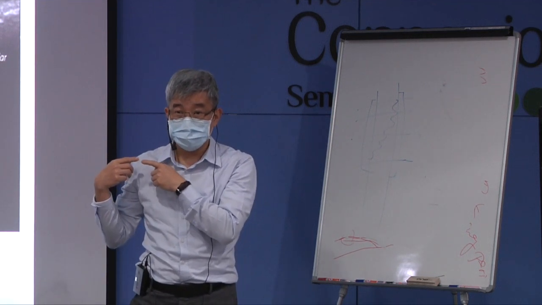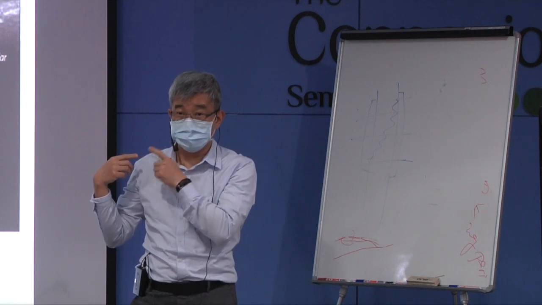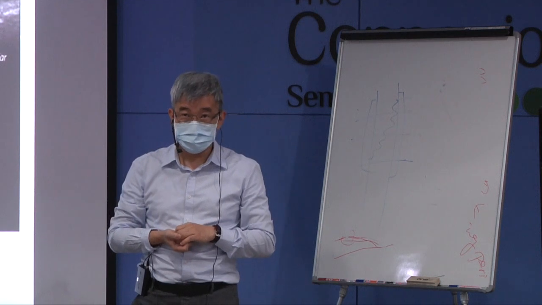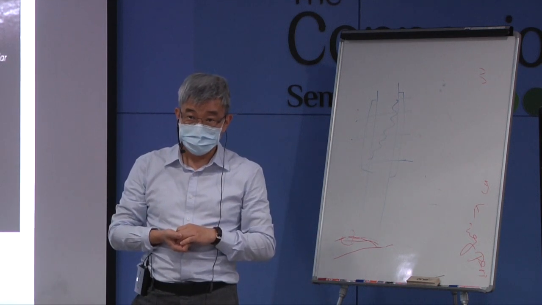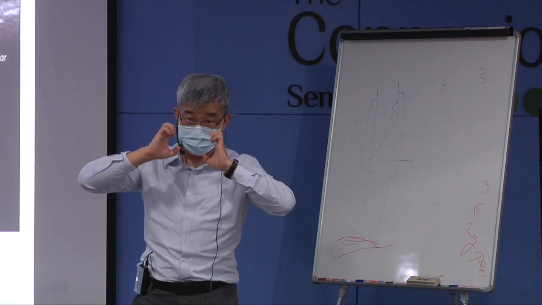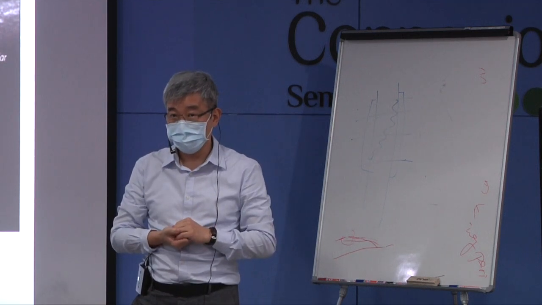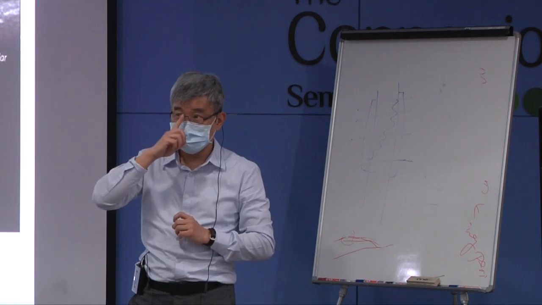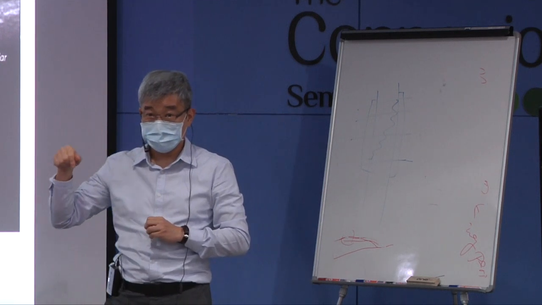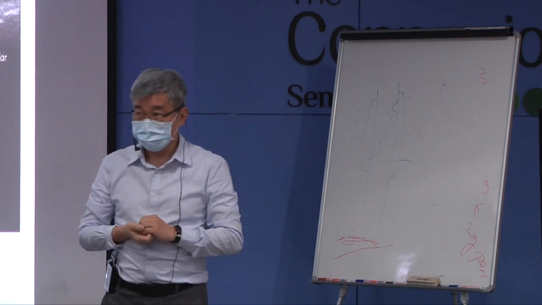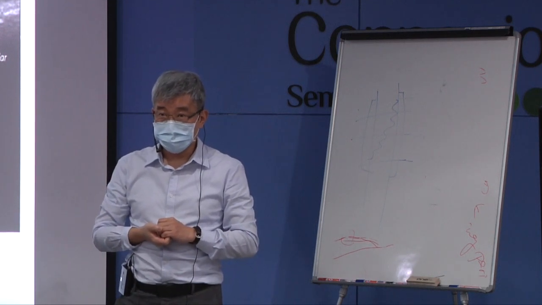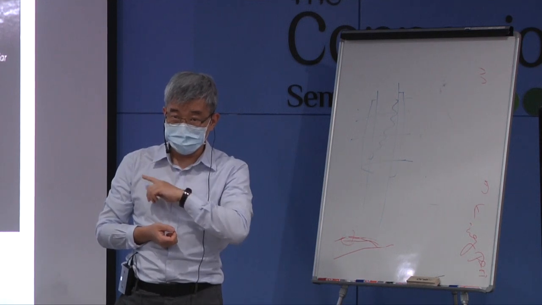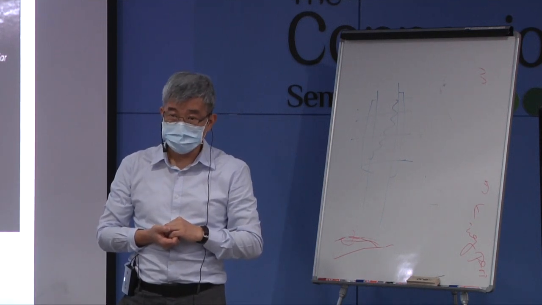So the case had a second operation at NTU hospital, and we used ultrasound to look at the fracture site. The gap is very big, and he was told he's at high risk of non-union again. The better way for him probably is to put a pin in the clavicle.